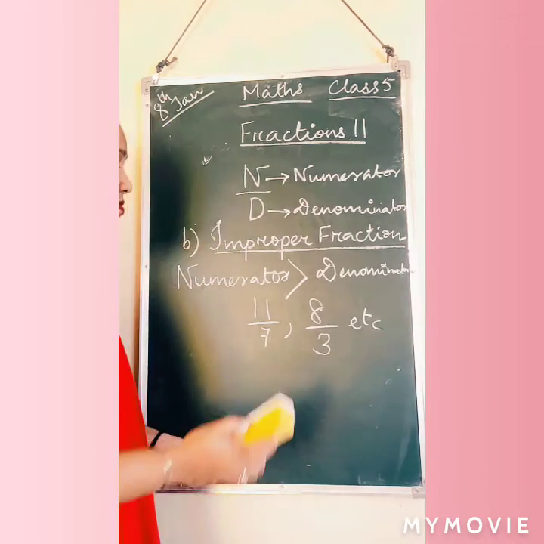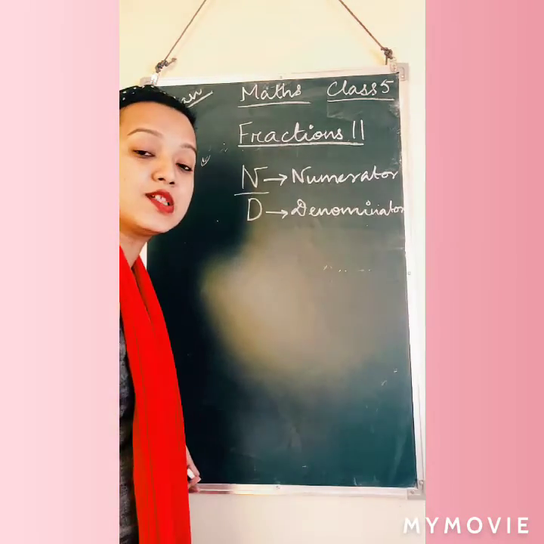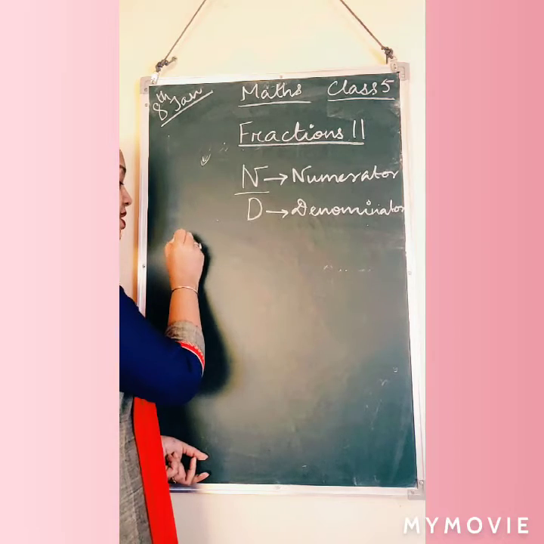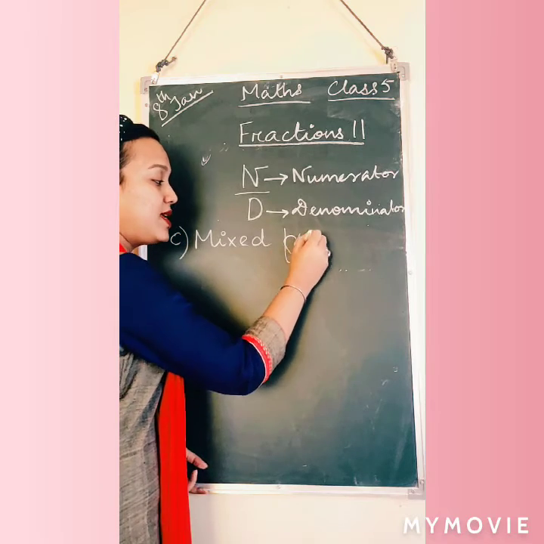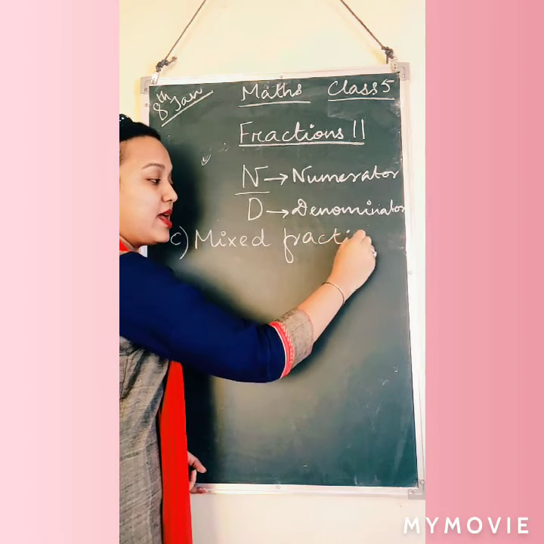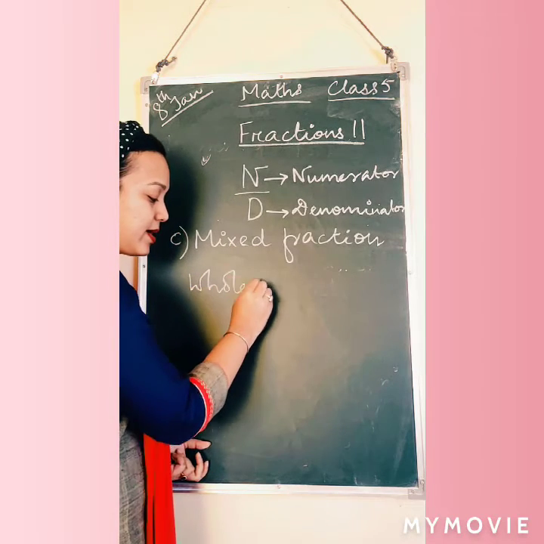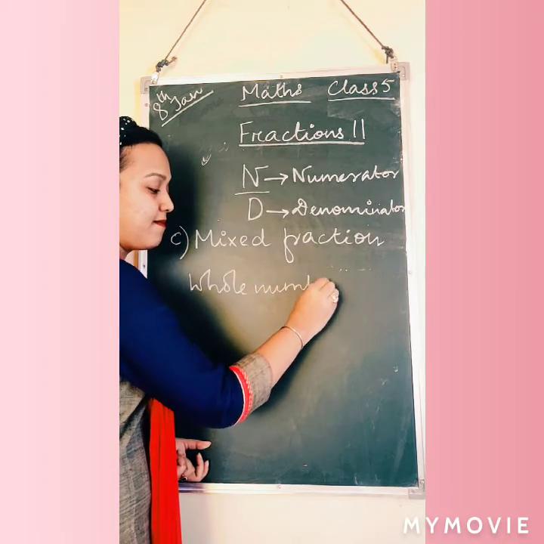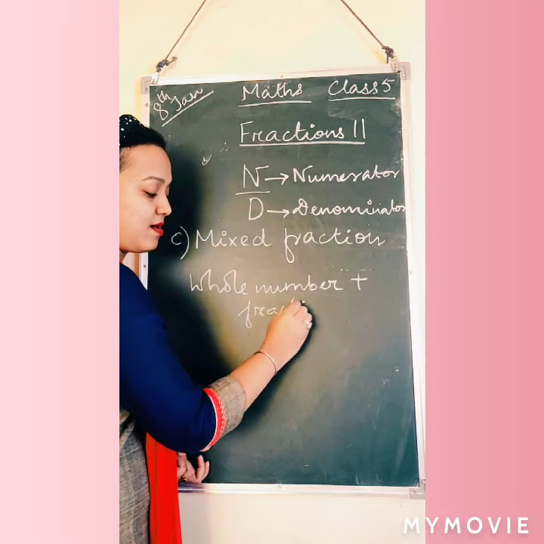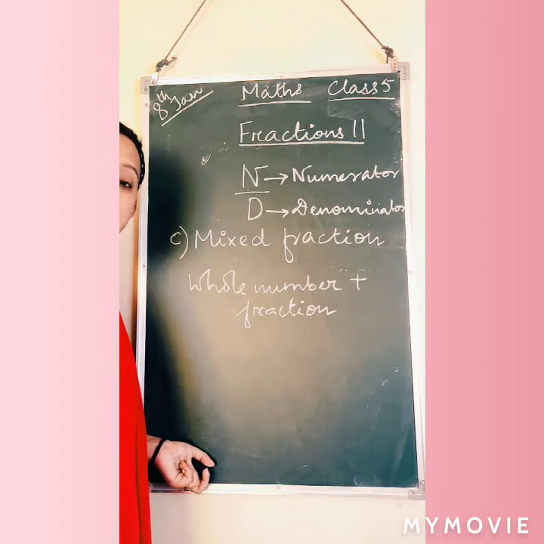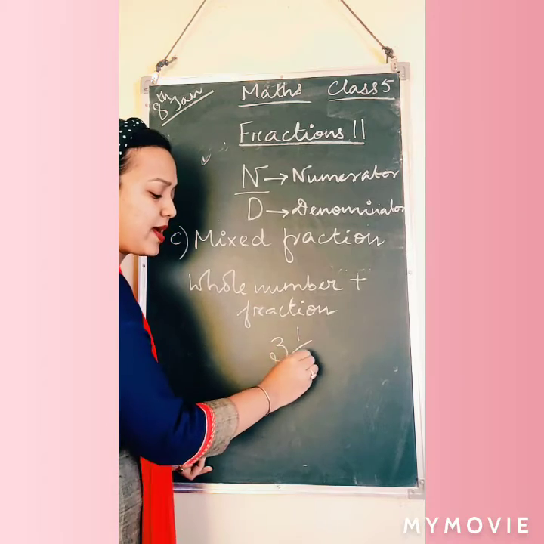Now there is one more fraction type, the mixed fraction. What is a mixed fraction? A mixed fraction is a combination of a whole number plus a fraction. For example, 3 1 by 2.